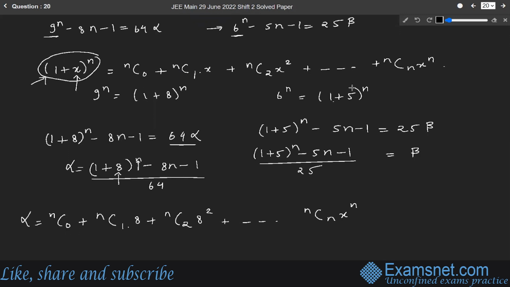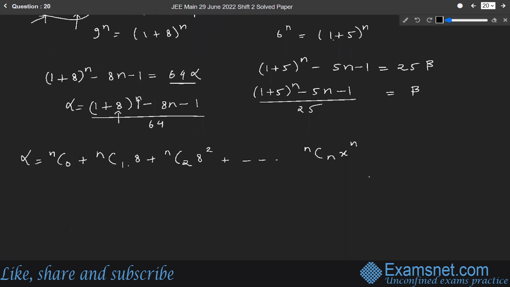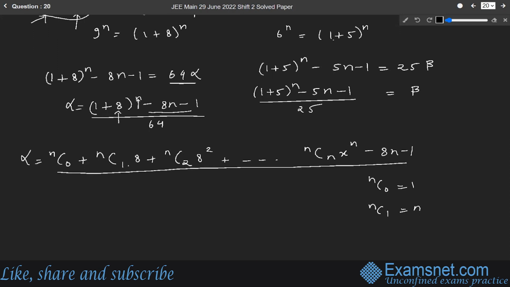Now you have to remember two basic things: the value of nC0 is always equal to 1 and the value of nC1 is always equal to n, right? So here the remaining terms are minus 8n minus 1. So let us write them, minus 8n minus 1, and the whole divided by 64, right? Now alpha will be equal to what? nC0 is 1, right?